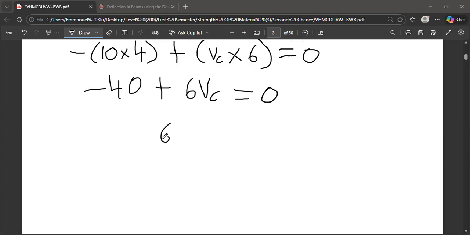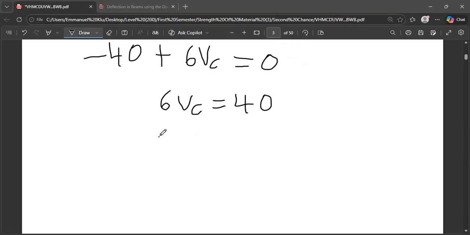We can say that our 6 VC is now going to be equal to, because we have to move this 40 to the other side, so it's equal to 40. Let's repeat this one more time. Then now we can divide so that we don't lose the mark. So 6 VC is equal to 40. Then now let's divide fully. So we divide here by 6.